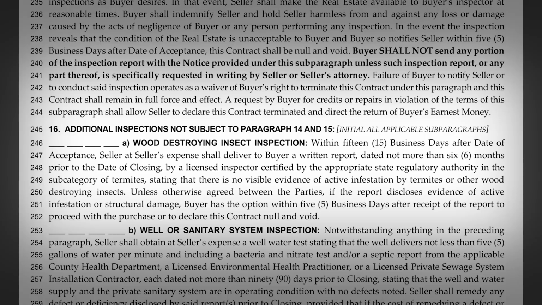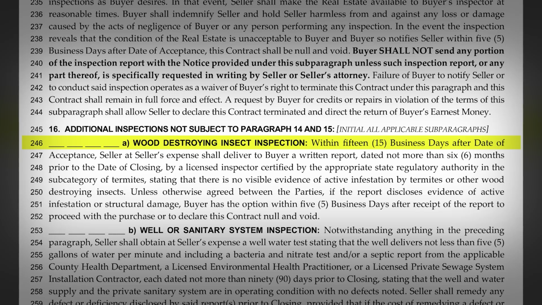As we move on to paragraph 16, you will notice that it clearly states that paragraph 16 covers additional inspections that are not subject to paragraphs 14 and 15, which are the as-is paragraph and the inspections. Paragraph A, again, is the wood destroying insect inspection.